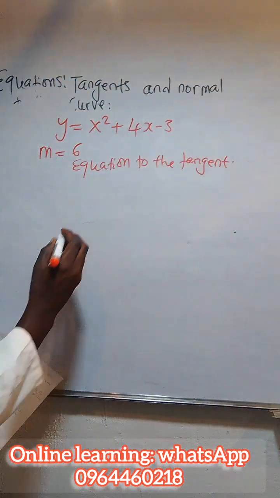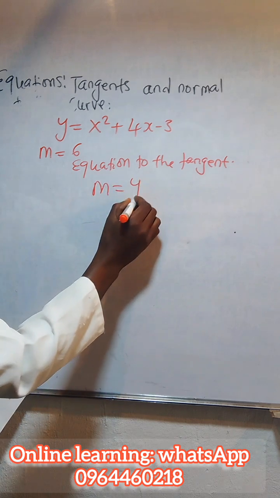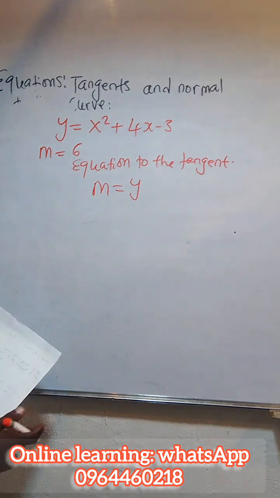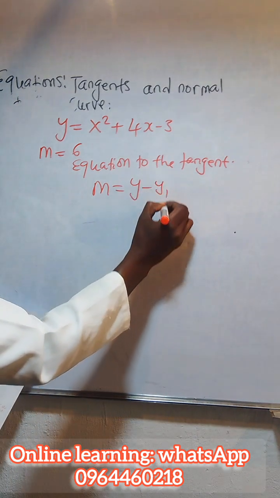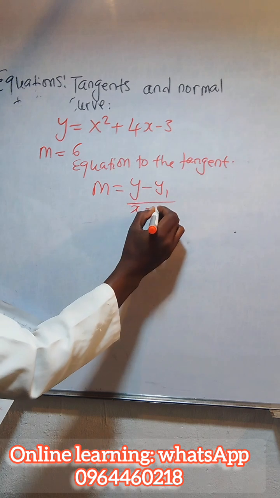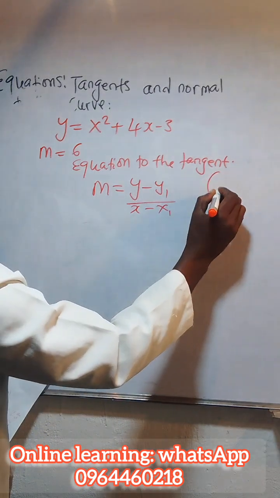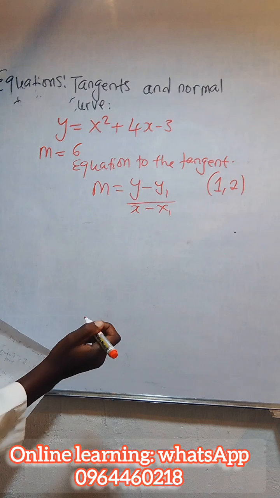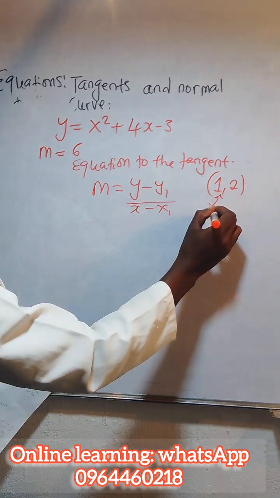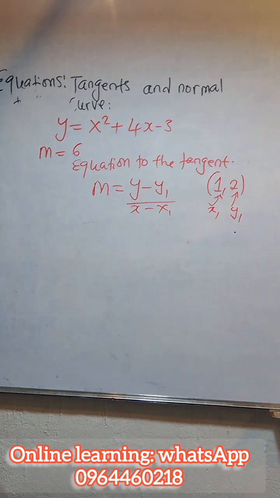So for the equation of the tangent, we know that gradient equals (y minus y1) over (x minus x1). Now, I know that the tangent point is (1, 2), so this is x1, this is y1.